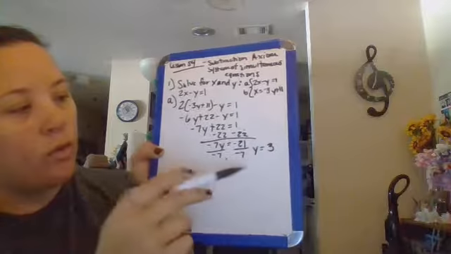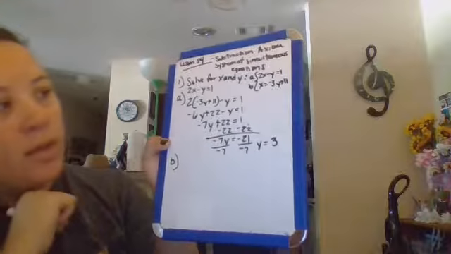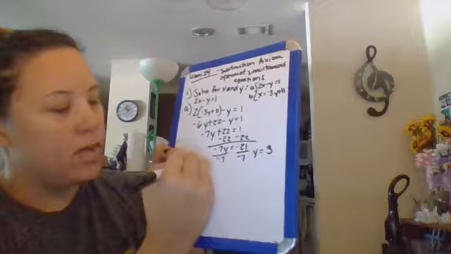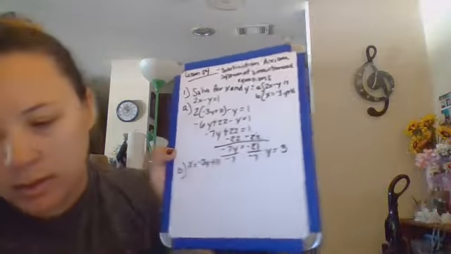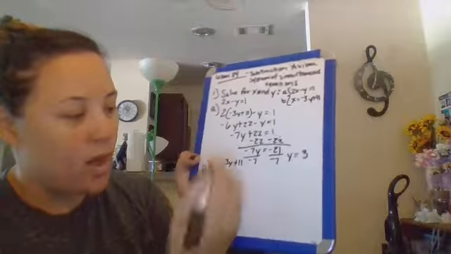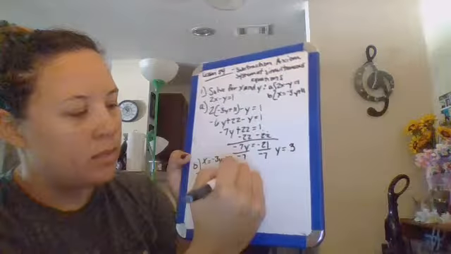So now that I know y, I can figure out x. So I will use my second equation. X equals negative 3y plus 11. Double check that's my equation. So then all I have to do is plug in y. So x equals negative 3 times 3 plus 11.